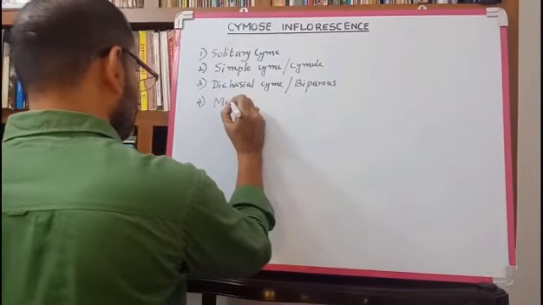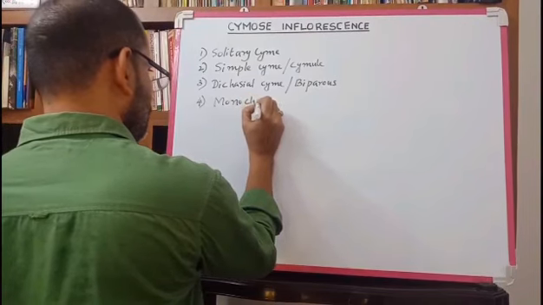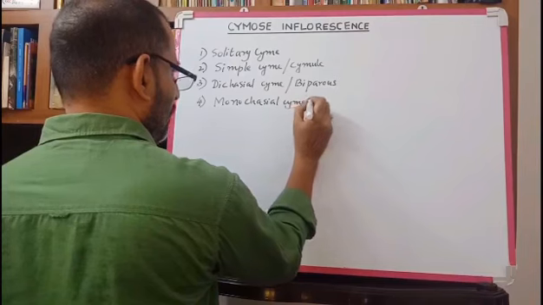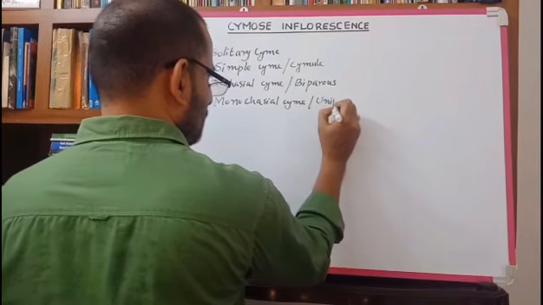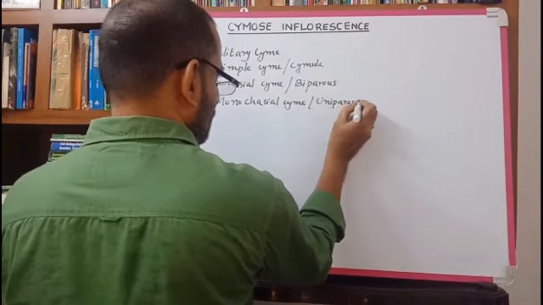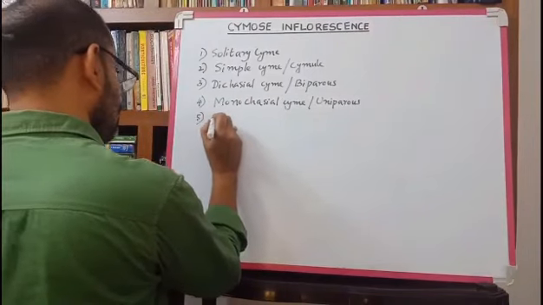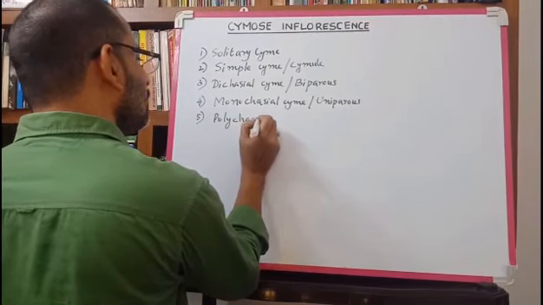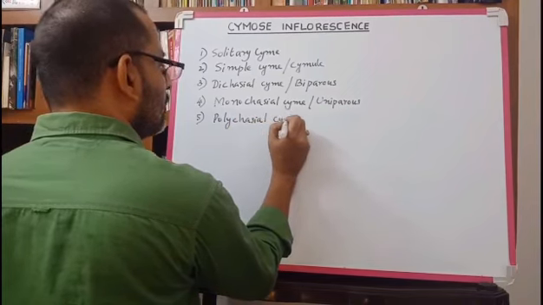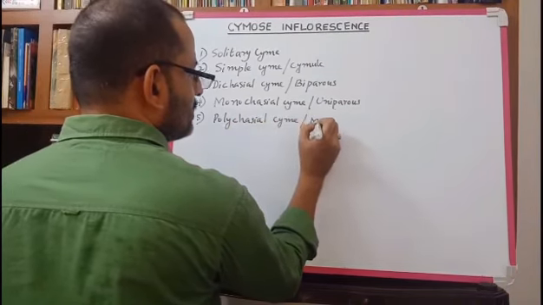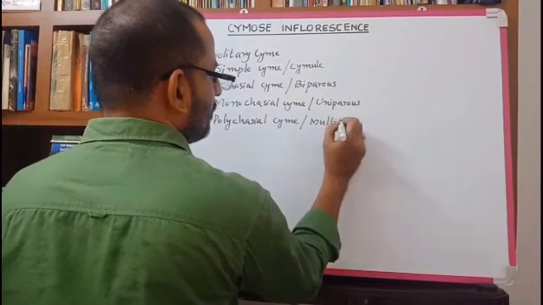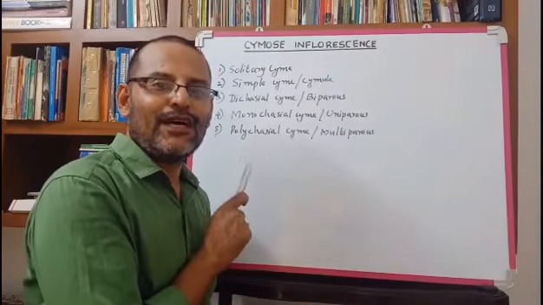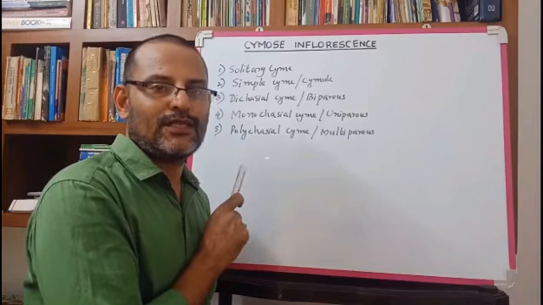Monocacial cyme or uniparous, and last, polycacial cyme or multiparous. So these are the 5 main kinds of cymose inflorescence.